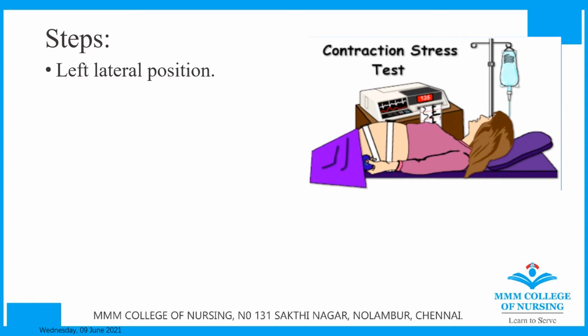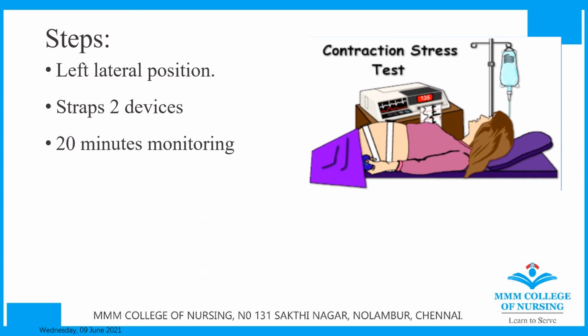One will monitor the baby's heartbeat, and the other will record the contractions in her uterus. The machine records the contractions and the baby's heartbeat in two separate lines on graph paper. We will monitor for about 20 minutes to make sure the baby is okay.